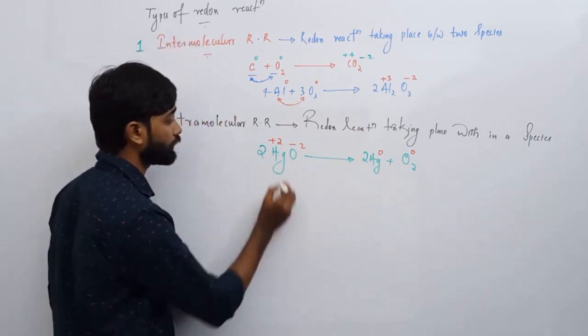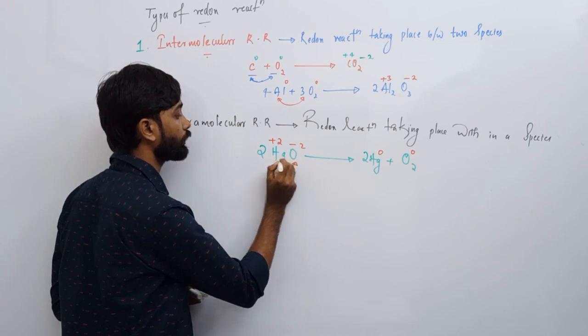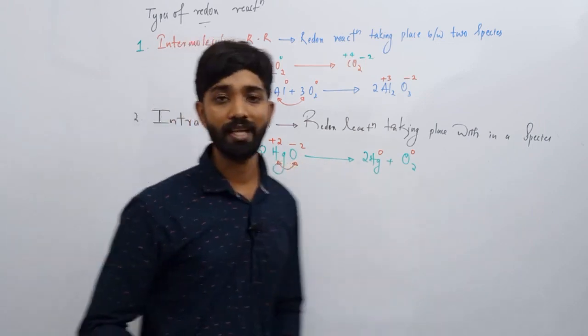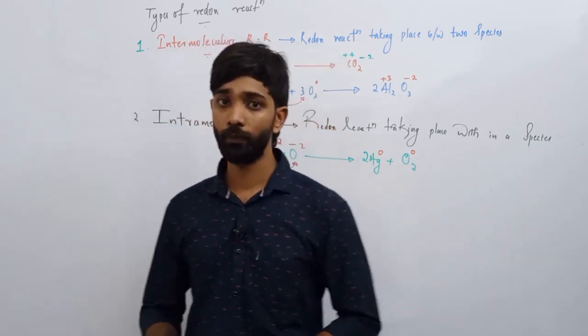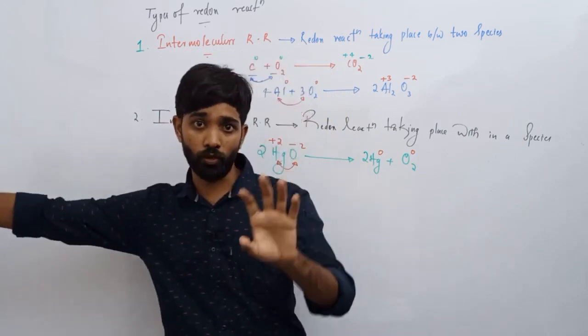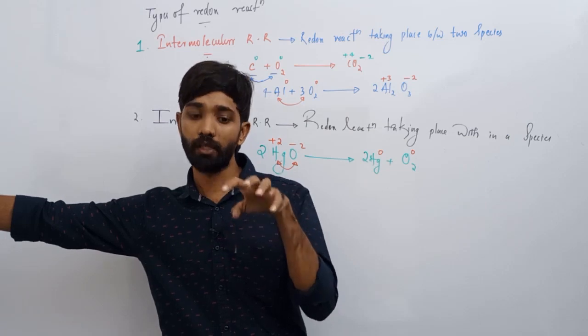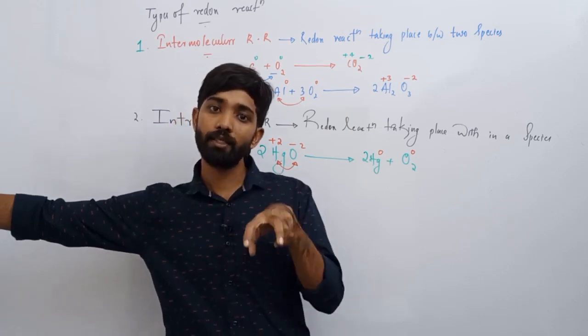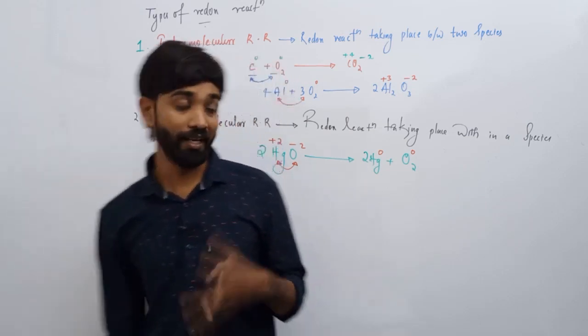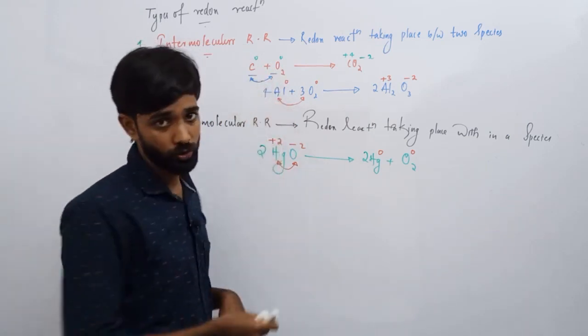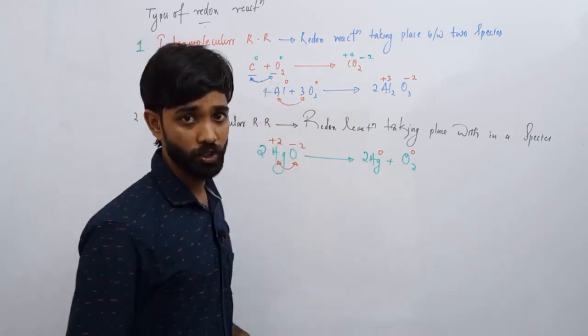But that reduction and oxidation is taking place within a single species, mercuric oxide. The losing and gaining of electrons takes place within a species, within mercuric oxide. It is not between two different species like carbon and oxygen.